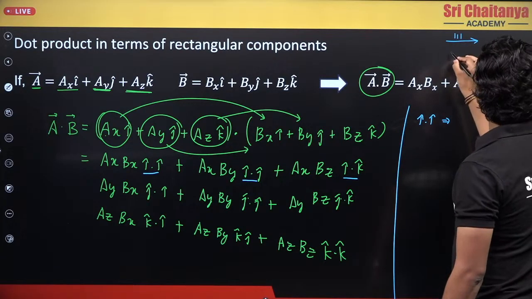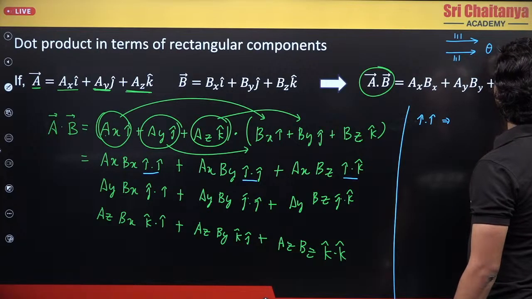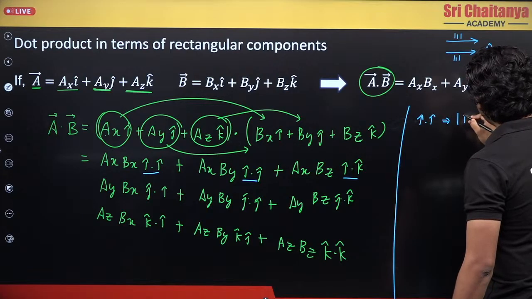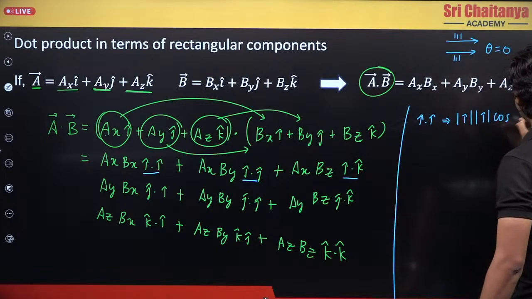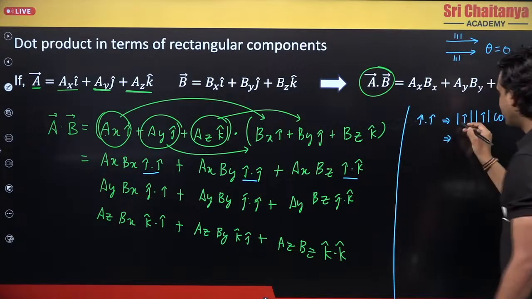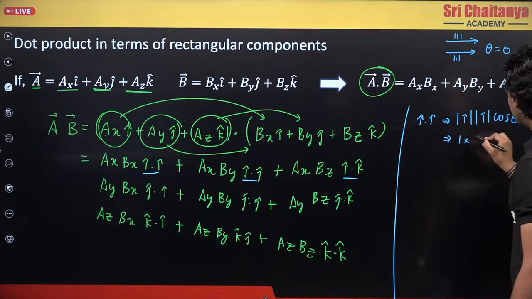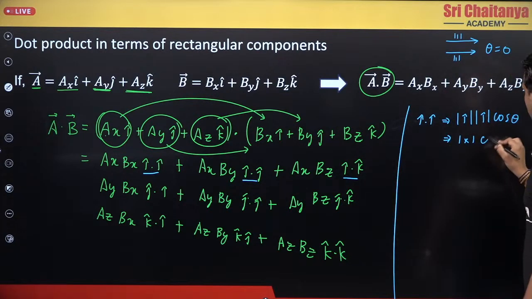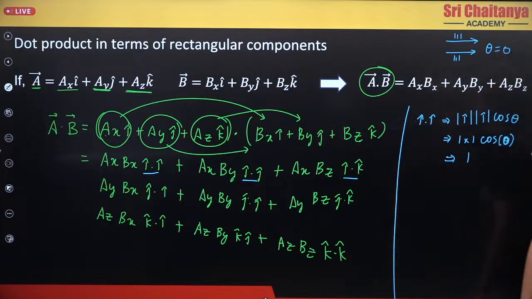If I have another vector i in the same direction, what is the angle between them? The angle between them is theta. So what is the dot product? It is mod of vector A, mod of vector B, cos theta. The magnitude of the i vector is 1, because the length of a unit vector is 1, and this is also a unit vector. The angle between them is 0, so I get cos 0, which is 1. So this i dot i will also be equal to 1.